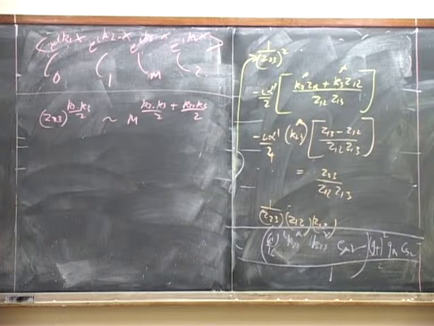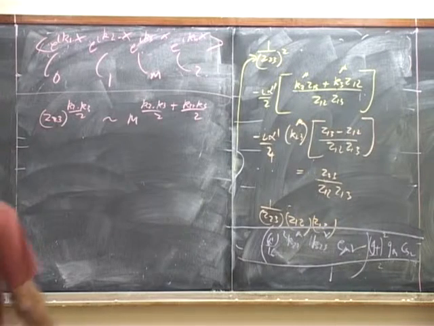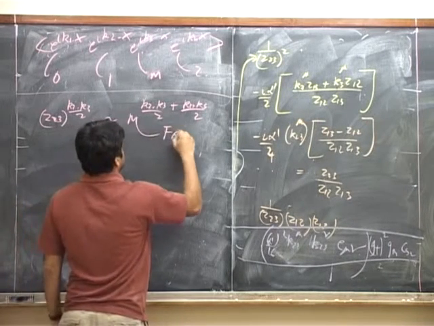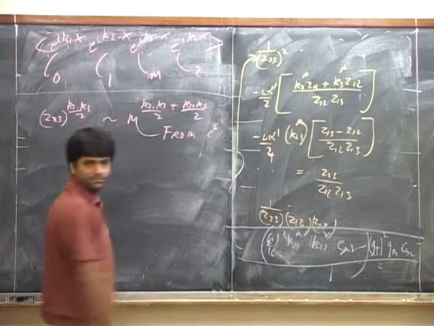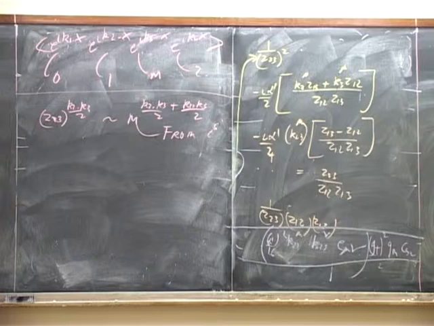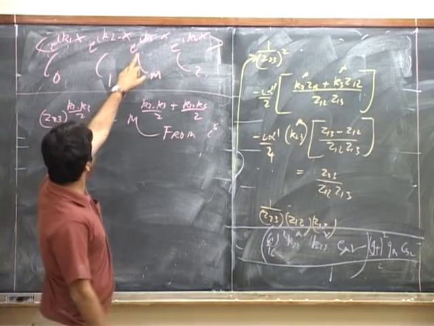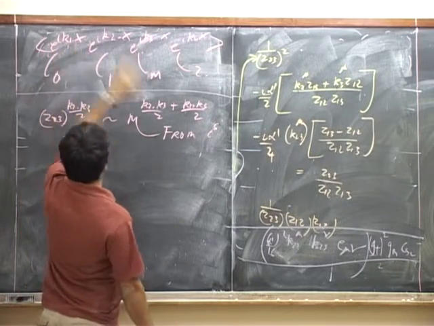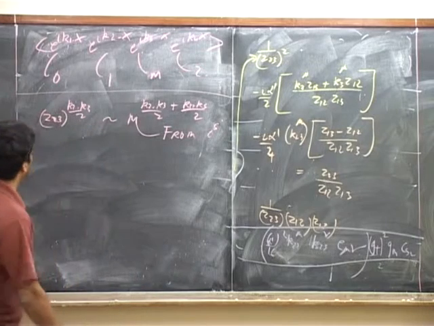This is the dependence on m from the correlation function of the C's. Now let's look at the dependence on m from the contractions. From the contractions, what do we get?